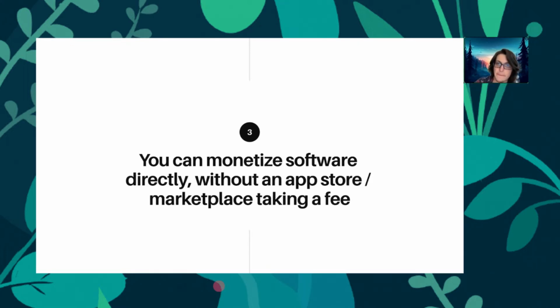And then with the advent of built-in payment inside of the network itself, right? You can monetize software directly without an app store or some kind of marketplace taking a fee. And with Valist, we're actually focusing more on game developers right now with this feature. You could create a software license.